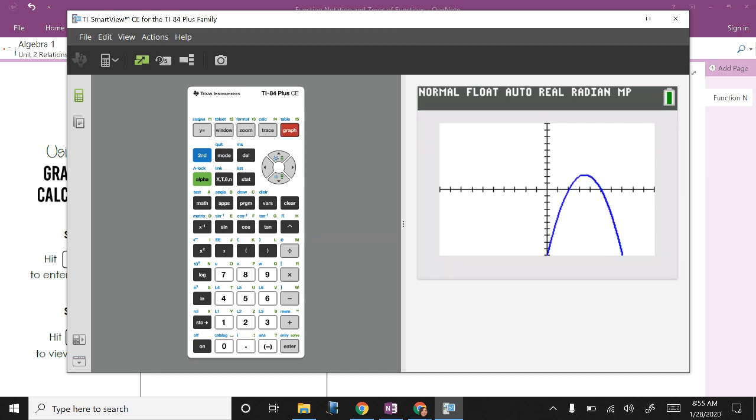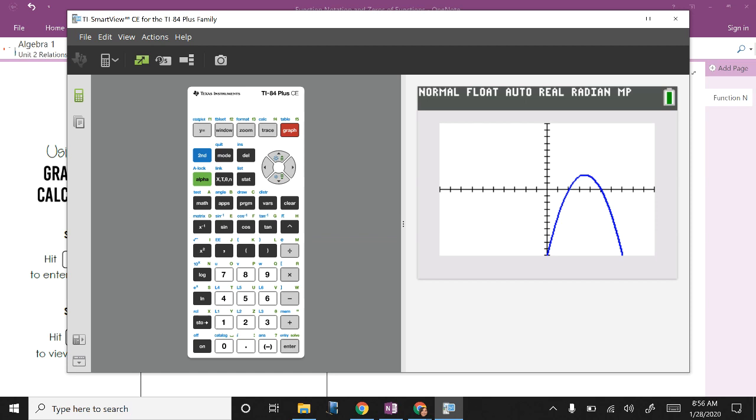Y'all look like mine? Anybody's not working? Mine ended up in the middle. You didn't put the negative. Negative x squared. Okay. Mine's in the middle of the two.